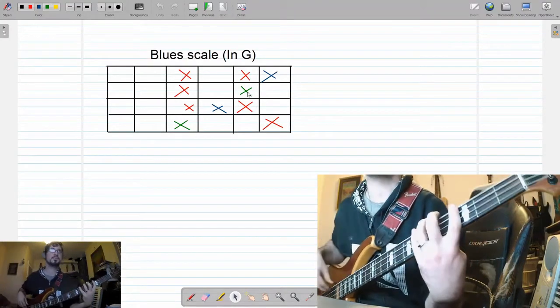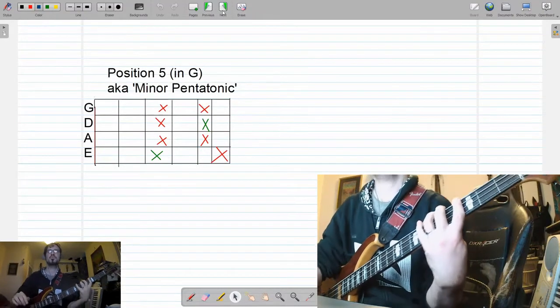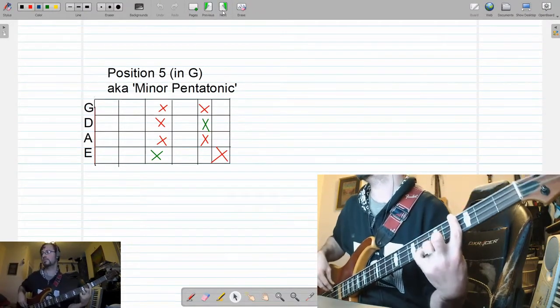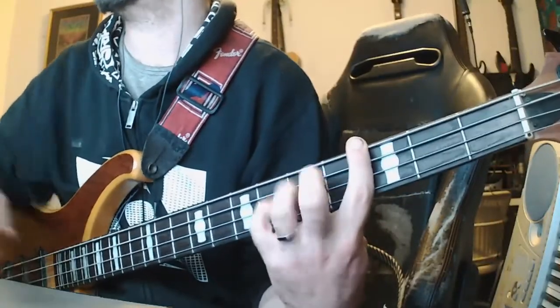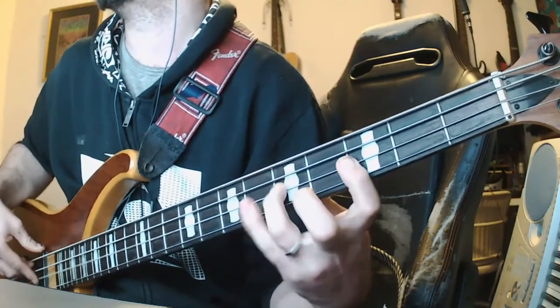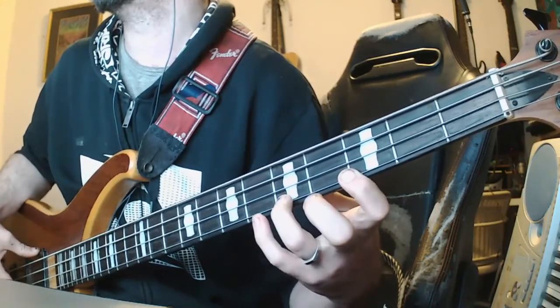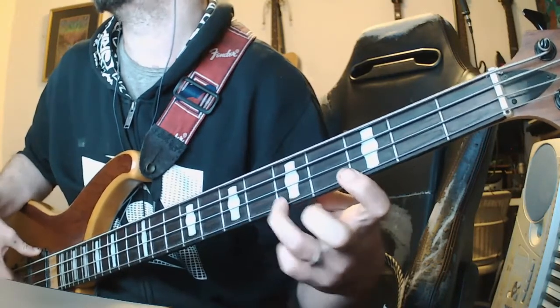So if you take all the way back, where is it? Fifth position, minor pentatonic. So in G we've got root, flat third, fourth, fifth, flat seventh, octave. Would that be 10th, 13th, or whatever.